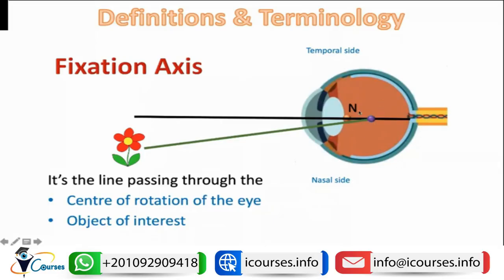All these rotations are centered over a center of rotation, which is present at the center of the globe, at the equator. We can say that it is the intersection between the optical axis and the equator. So this is the center of rotation. When we have a line that passes through the center of rotation and the object of interest, then this is called a fixation axis.